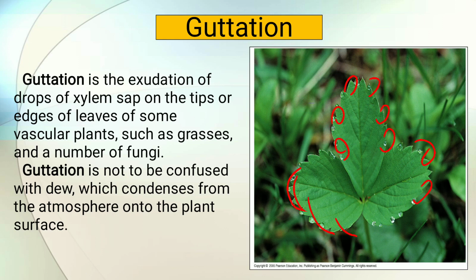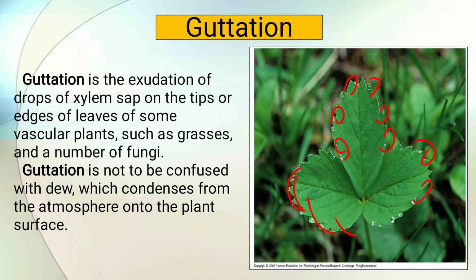Bergerstein proposed this term for the exudation of water from the plant in the form of liquid. The amount of water lost by this process is negligible as compared to the loss by transpiration. Guttation is not universally observed.